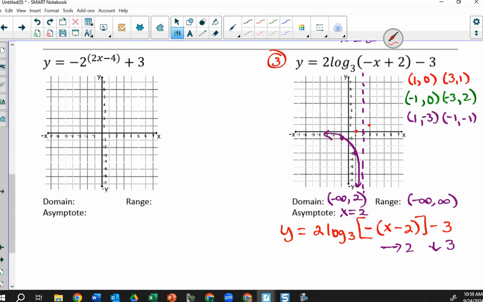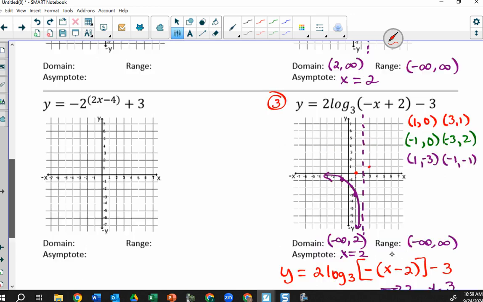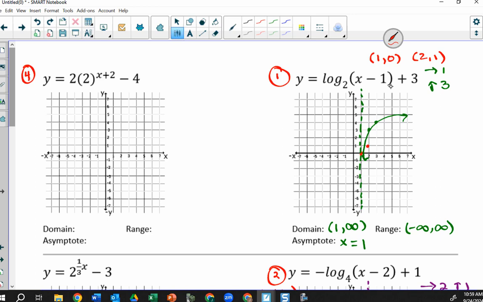So it has to be inside parentheses. So that 2 on the x value. All right, guys, start your exponential. Remember your points that you begin with are 0, 1, and 1, base, which in this case is 2.